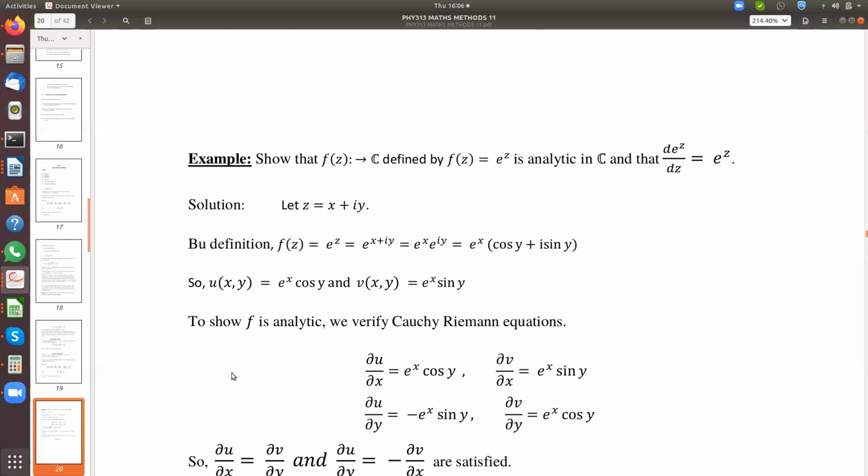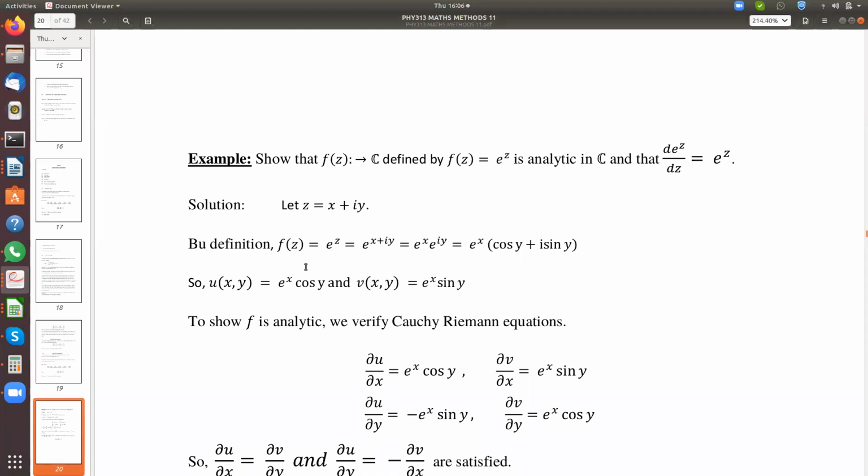So now, to show that this satisfies the Cauchy-Riemann equation, what we do is take the derivative of u with respect to x, which is this. When you take the derivative, it is only x there, this one is a constant and will remain constant. If you take the derivative of the exponential, it should still be an exponential, this. Now, if you take it with respect to y, this e^x is a constant, it remains there.